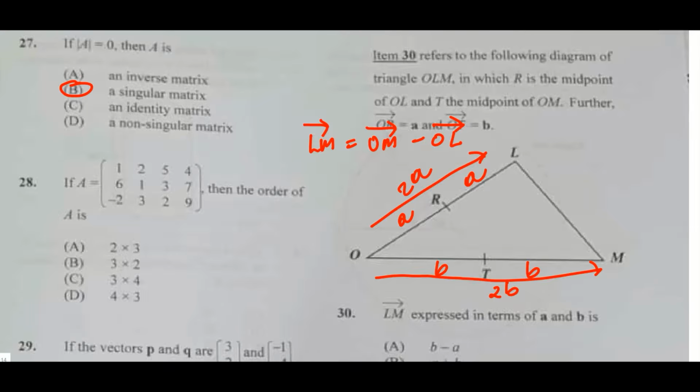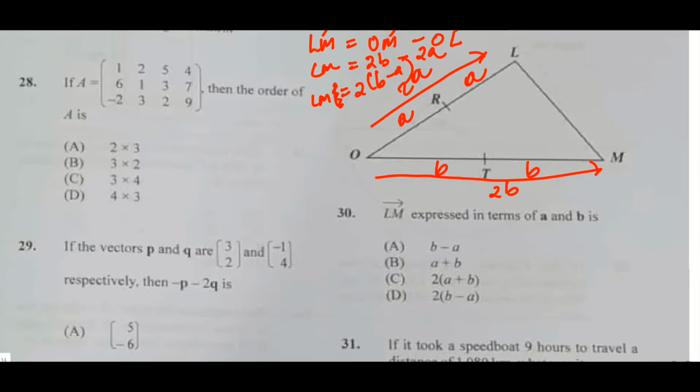So therefore LM would be OM, which should be 2B, minus OL, which would be 2A. And we can factorize. So LM, and we can factor out the 2, equal to 2, open bracket B minus A. And that matches D.